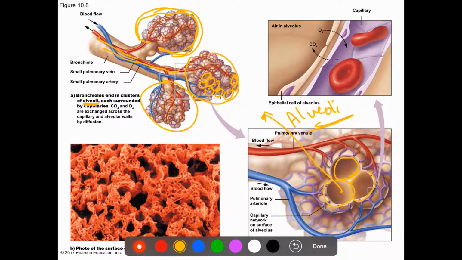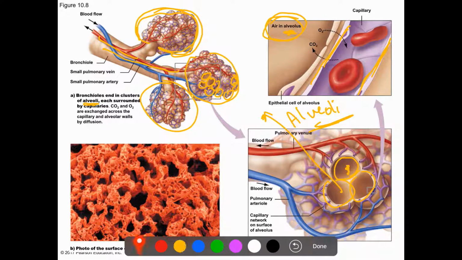So these alveoli are the site for the gas exchange. The gas exchange is happening between the air in the alveolus, which is one alveoli, and the blood within the blood capillary surrounding the alveoli.